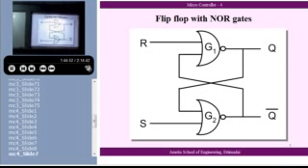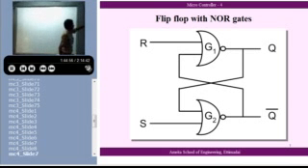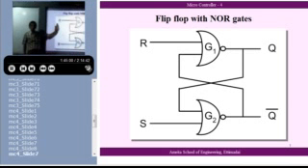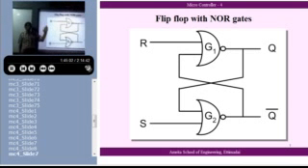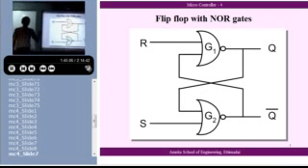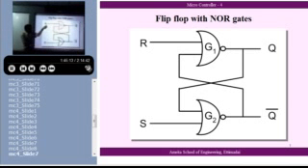So, from a 0, 1 state, if I go to 0, 0, whatever output was there originally, that is retained. Is it alright? Now, originally, I put a 0 here and a 1 here.